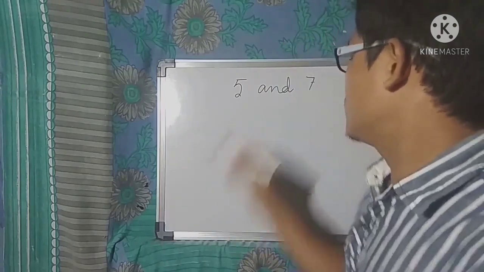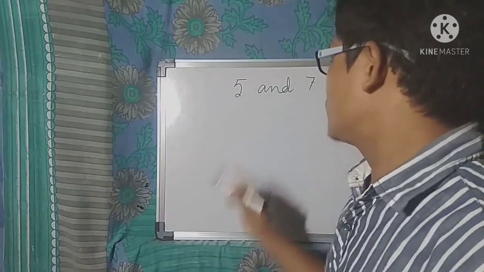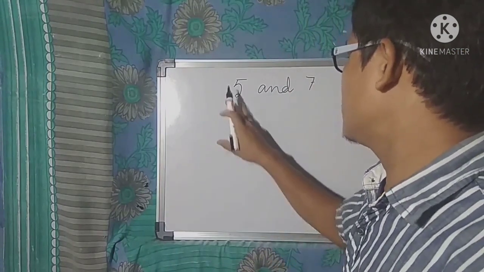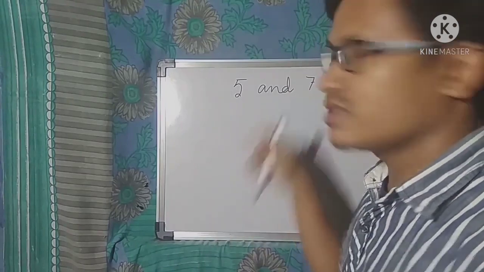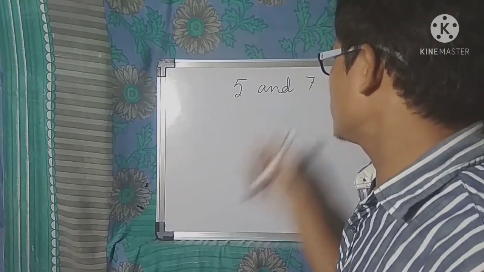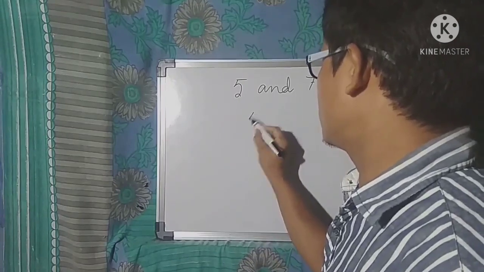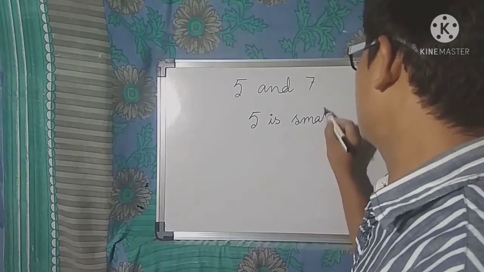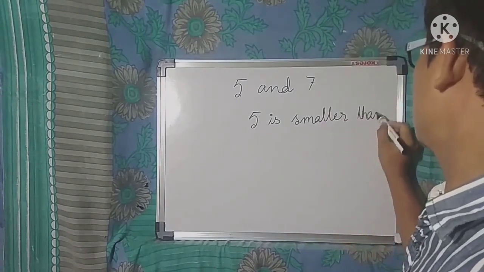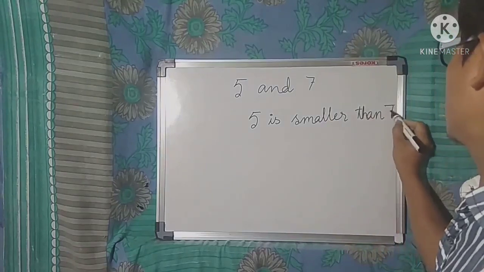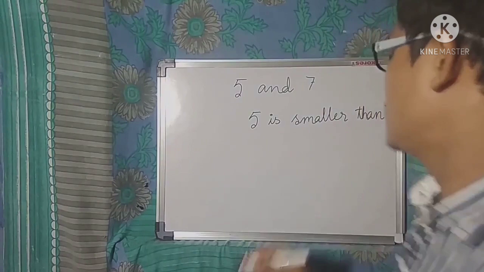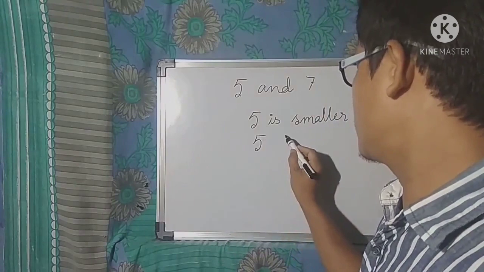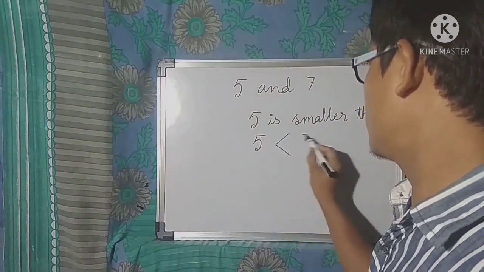So if you are asked to compare these two positive integers, then what will you do? Obviously 5 is smaller than 7. And if we use symbols, this will be 5 smaller than 7.